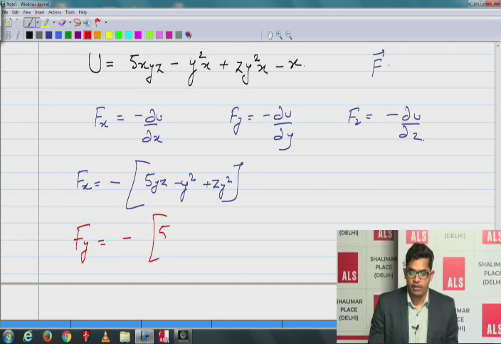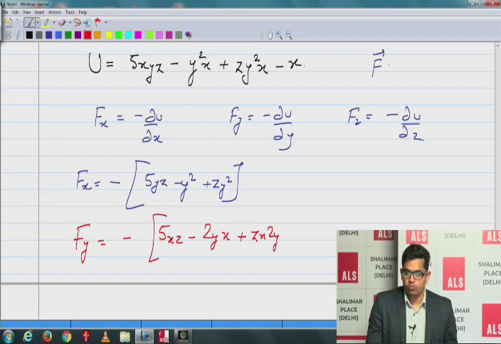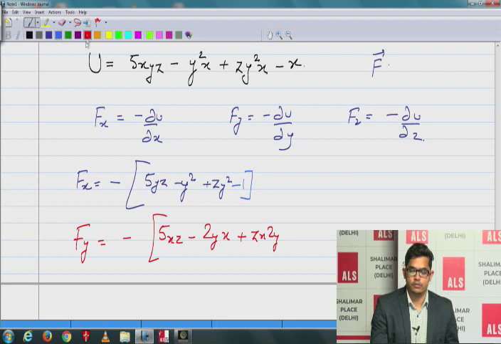So it will be 5xz minus 2yx plus zx 2y minus 0. Oh, this will be minus 1. I'm sorry, one mistake. This will be minus 1, and this will be 0.